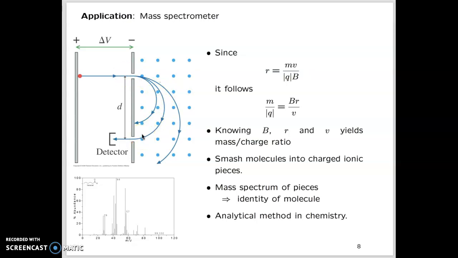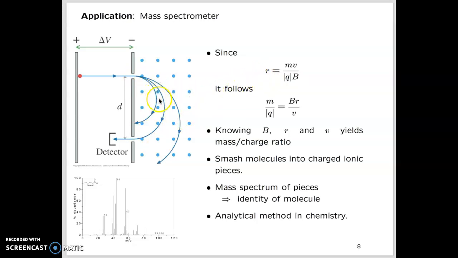And let's see, if you happen to know what the speed is, okay, and you have a little detector here, and the detector is at, let's say, a fixed position. If the detector is at a fixed position, that means you know this distance d. d is the diameter of a circle, okay, so diameter would be twice the radius.